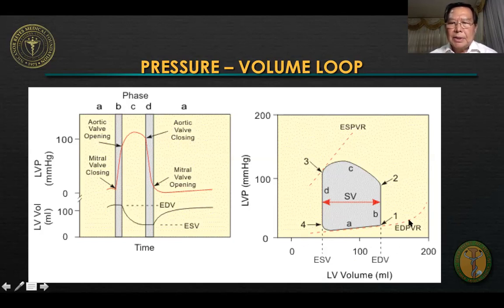So this is the normal pressure volume loop in a normal individual as represented accordingly. And take note that over here is your so-called end-diastolic volume, and this is your end-systolic volume, meaning the volume inside the left ventricle at end diastole. This is the volume inside the left ventricle at end systole.